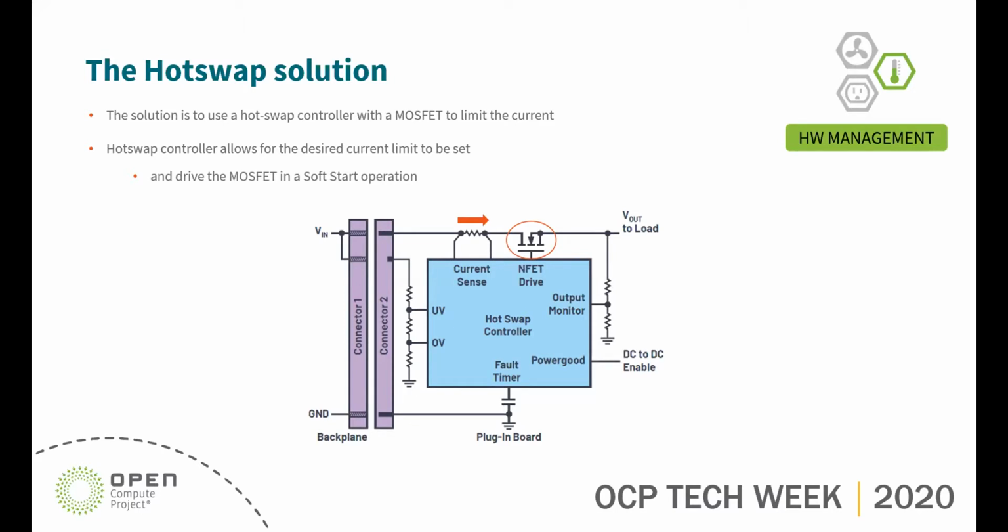If you switch it on as it's normally switched on, with speeds in nanoseconds, then that inrush current will cause damage. The way it's done here is that the controller will sense the current and adjust that switching very softly to allow just that specific current to go through in a safe manner.